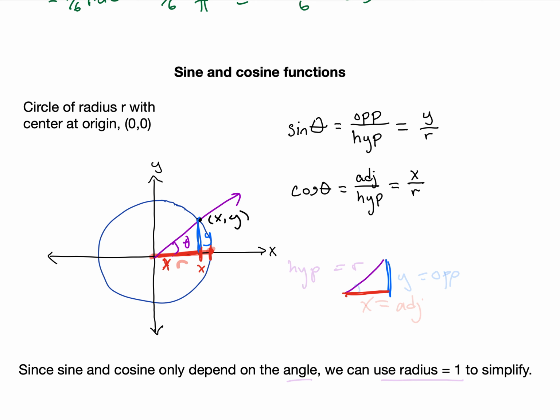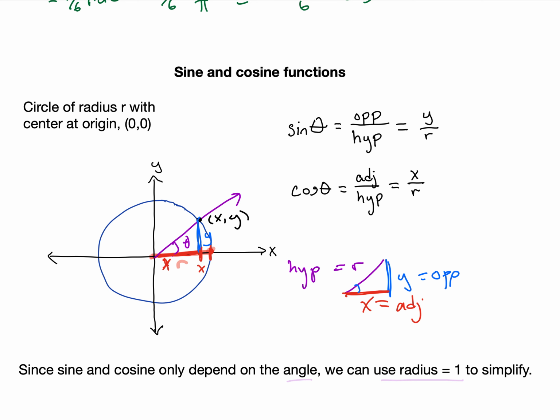So we've got x, we've got y, and we've got our radius, whatever that is. This radius is the hypotenuse of the triangle. The value of y is the opposite side length to the angle theta, and the value of x is the length of the triangle that is adjacent to the angle theta.